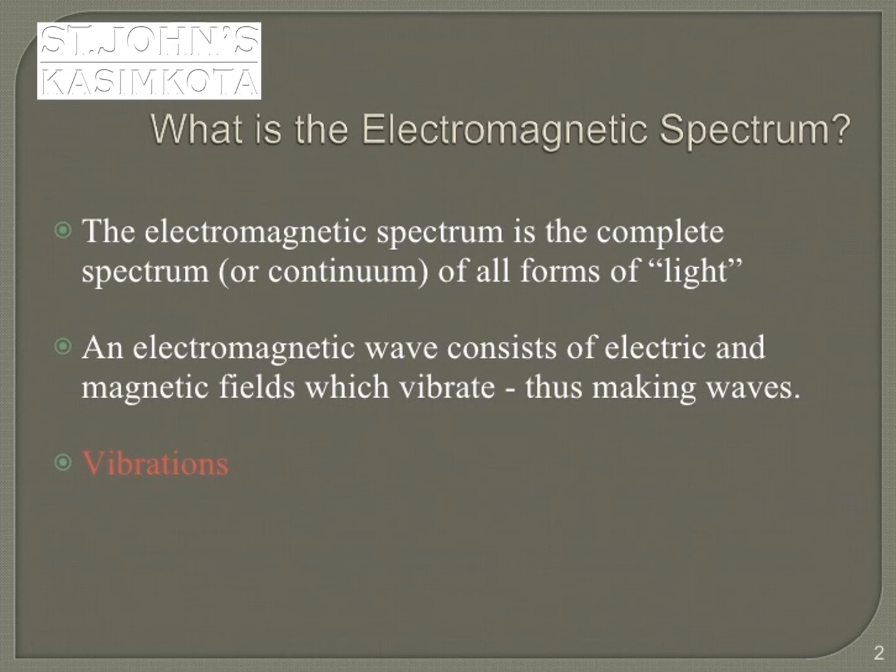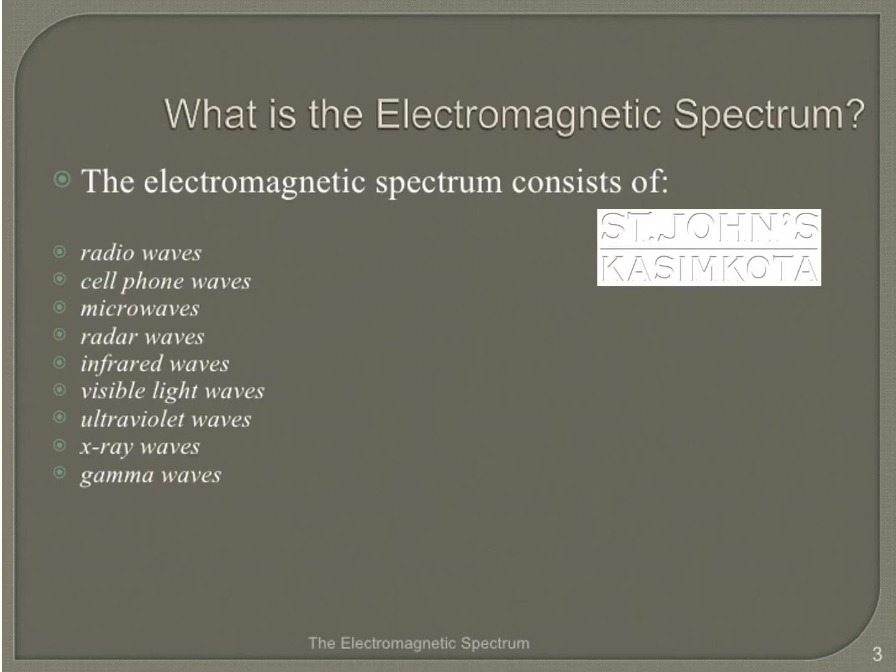So the electromagnetic spectrum is a complete, continuous spectrum which contains all forms of light, which may be visible or may not be visible. So what is an electromagnetic spectrum? It is a complete spectrum of all forms of light.